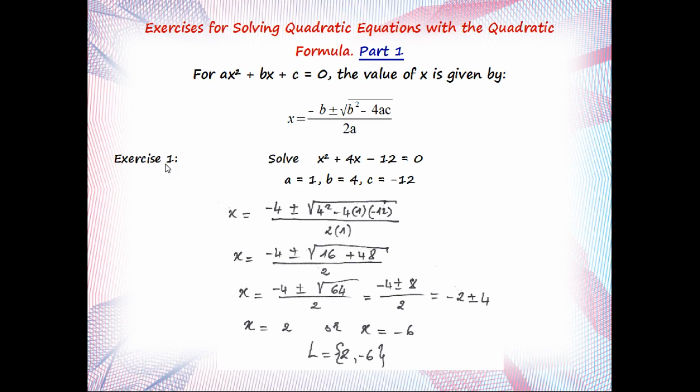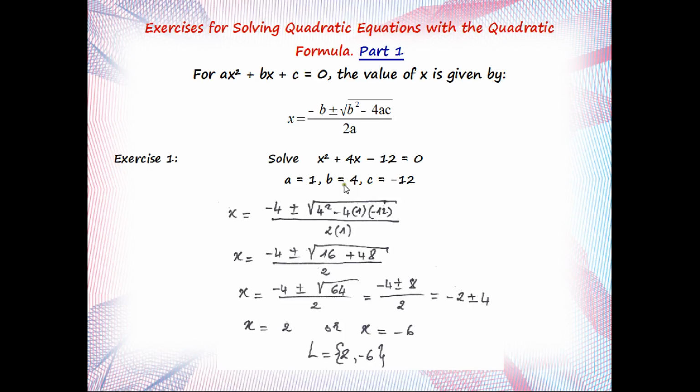Exercise 1. Solve x² + 4x − 12 = 0. We see a = 1, b = 4, c = −12. Now we use the quadratic formula above, then we get x equals negative b.